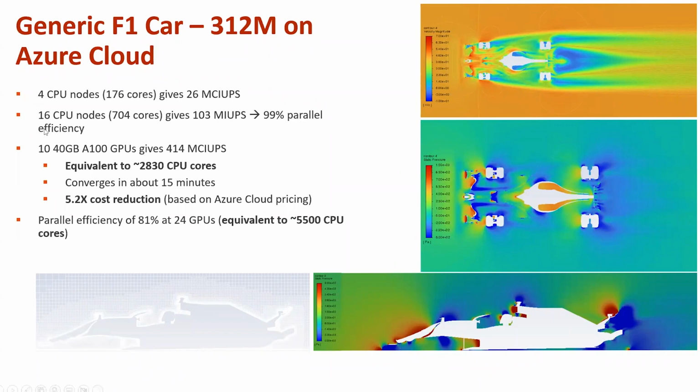But what happens when you swap out these CPU nodes with GPUs? So by using 10 A100 GPUs, you'll get 414 MCI UPS. I mean, that is impressive, right? That is almost equivalent to 2,830 CPU cores. And this entire problem, a 312 million mesh, converges in about 15 minutes.